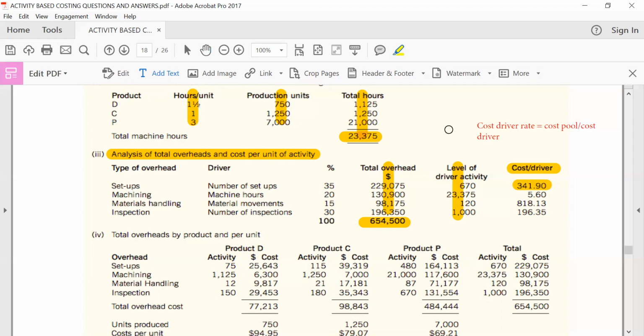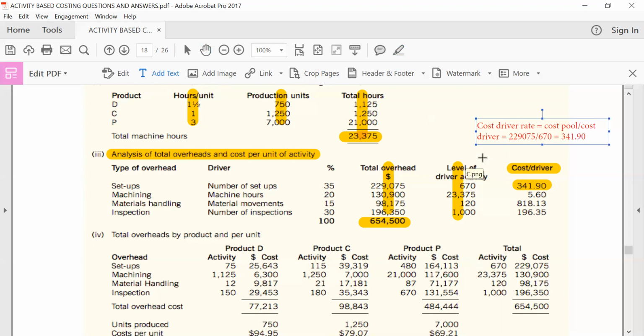So in the case of the first item, its cost pool was 229,075. Then you divide by the number of cost drivers. Here it is 670. So when you calculate, you can multiply and see if you do not get 341.90.